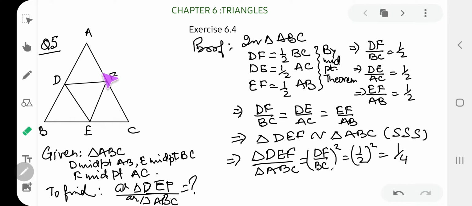So I hope everybody is clear. This is a given triangle. D, E and F are the midpoints of AB, BC and AC respectively.